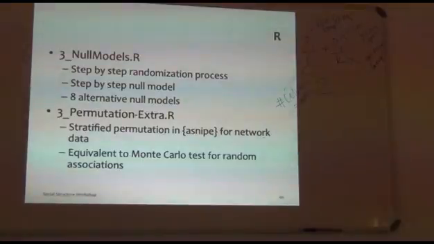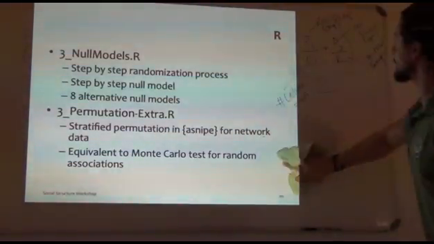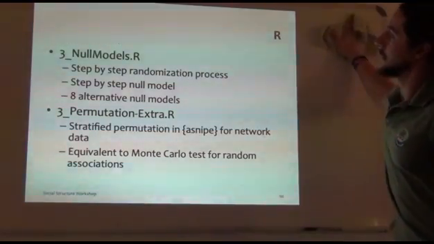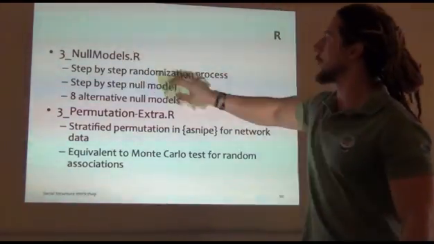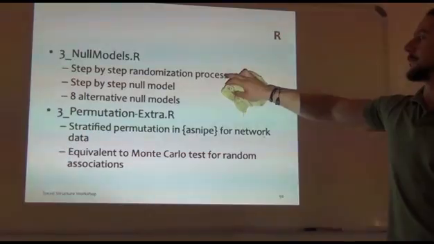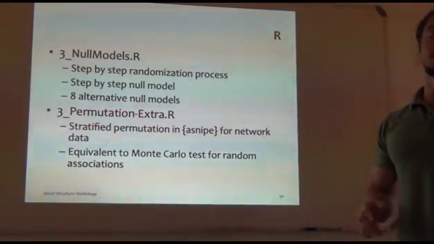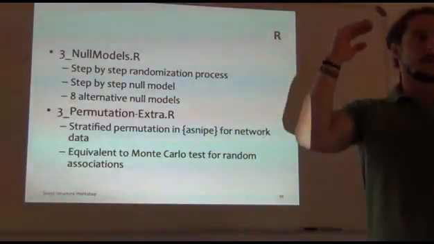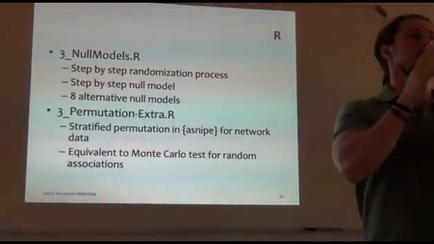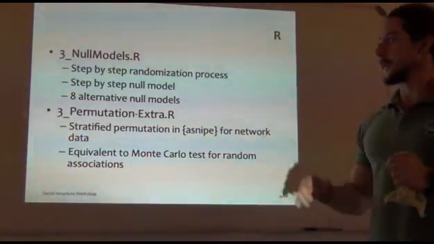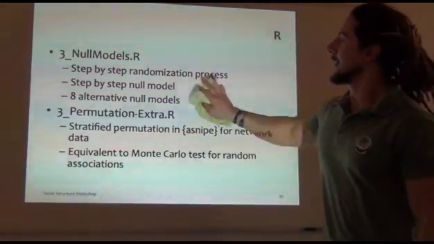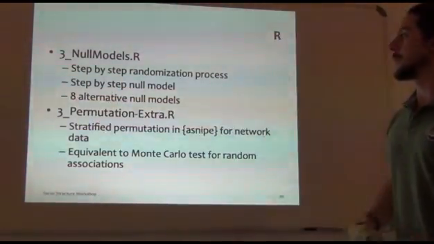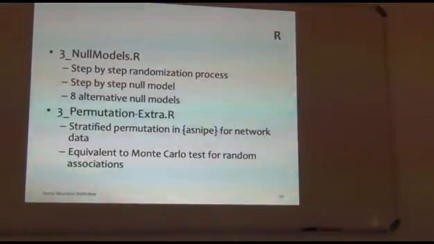Okay, so there's two scripts for you. The new models, this one is a long one. We start with a step-by-step randomization. Then we run one of the new models step by step to create the null distribution. And then there's 8 new models for you to play around with.